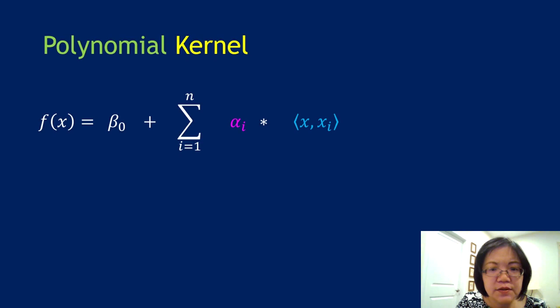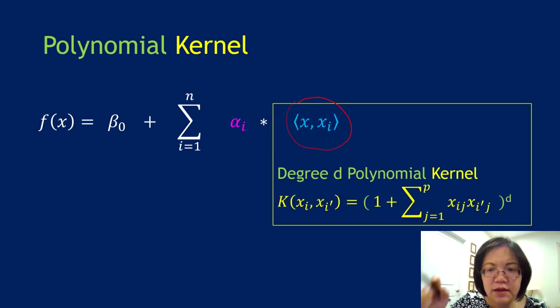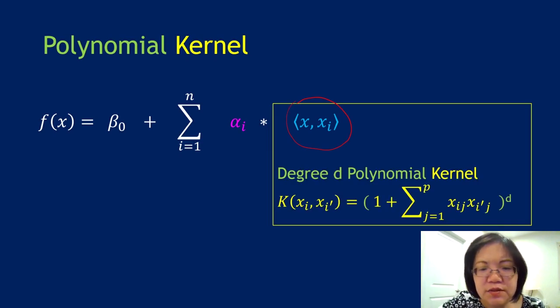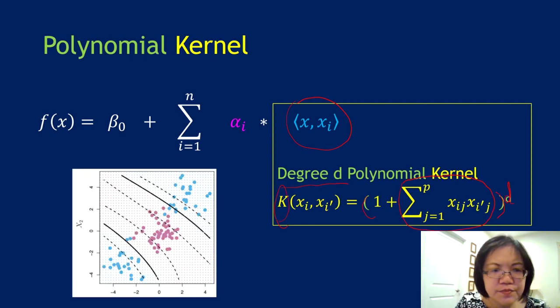Instead of this term over here, we're going to replace it with a kernel that is polynomial. So this is the linear kernel. We add 1 to it, and then we just raise it to the D-th power, and that's how we get the polynomial kernel. So this is the kernel function, and this is the equation.